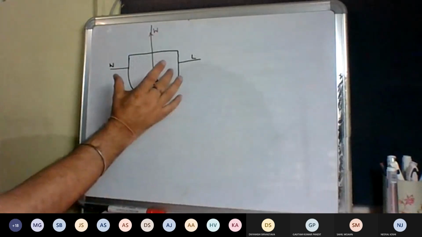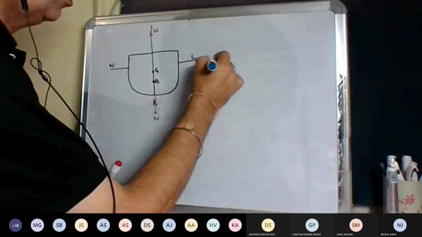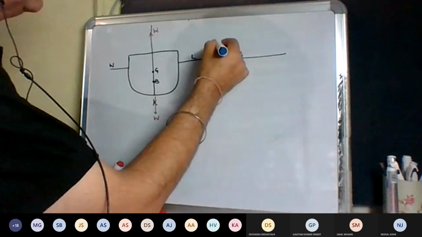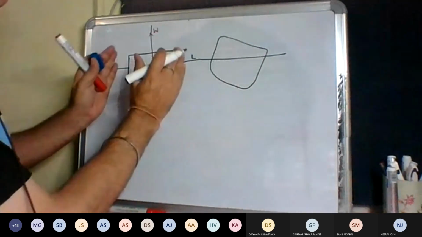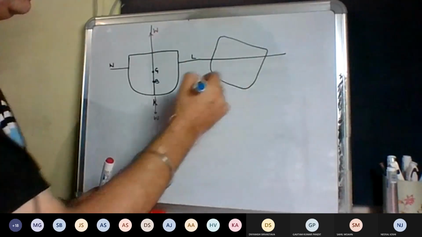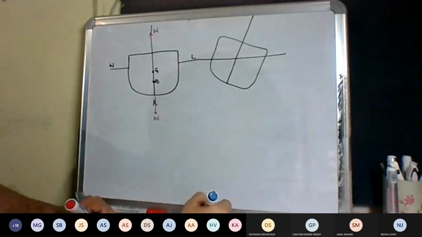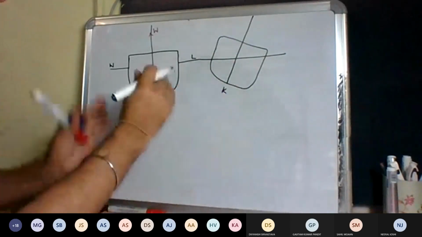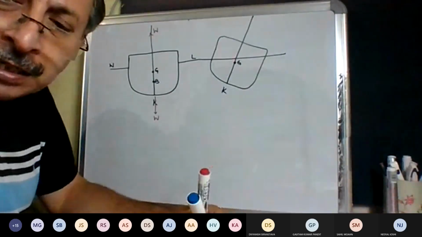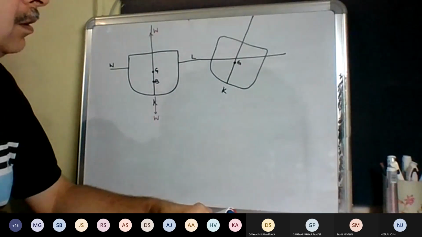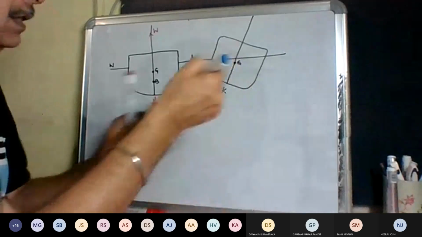Now, if I start to incline this to the starboard, okay, I'm inclining it to the starboard. So now I'm inclining this same vessel. This is the keel. G remains where it is, because I have not shifted any weight, but my underwater volume on the starboard side has become more.